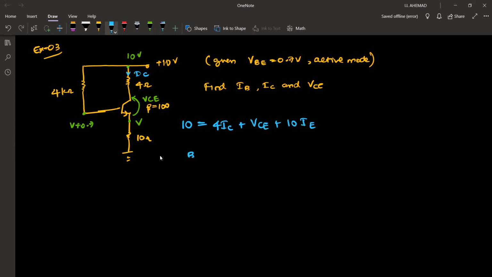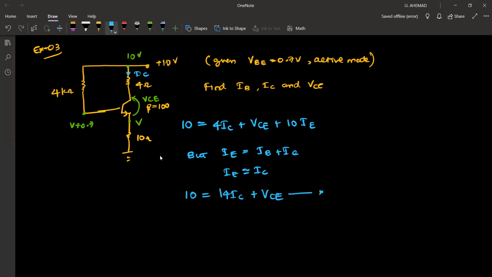But we know that IE is equal to IB plus IC, and IE is almost equal to IC. Therefore, using this, we rewrite the first equation: 10 is equal to 14 IC plus VCE.